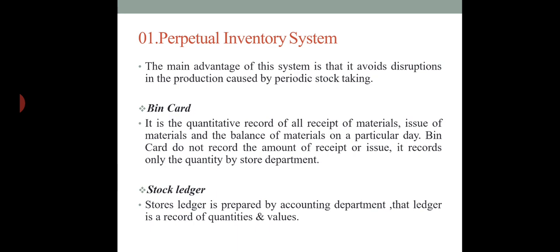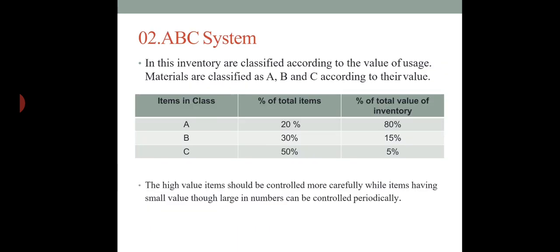That is known as a bin card. Another thing is the stock ledger. The stock ledger is prepared by the storekeeper, the store's manager. In that ledger, the number of units and the value of the inventory are recorded.